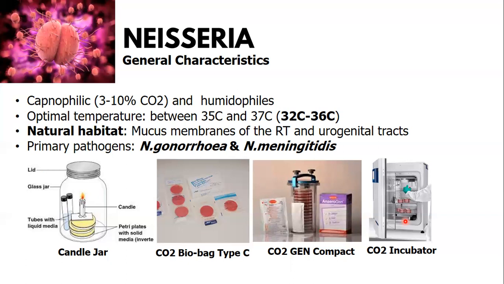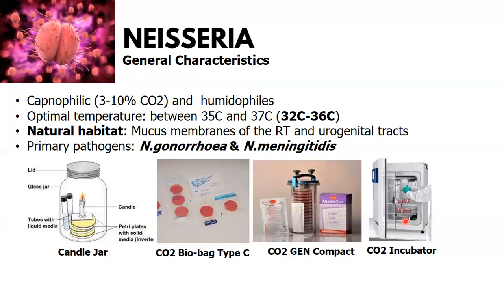Take note also that the optimal temperature requirement for the growth of pathogenic Neisseria is between 35 degrees and 37 degrees Celsius, although some books would say it's between 32 degrees to 36 degrees Celsius.